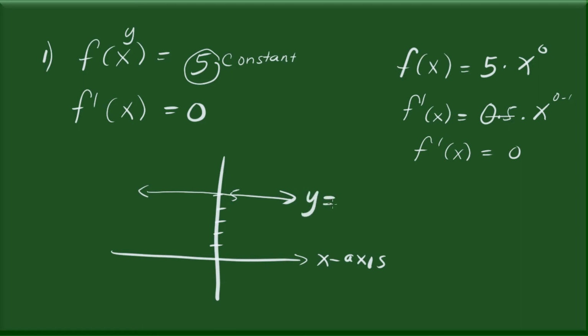So this is your function y equals 5, or this is your constant function f of x equals 5. And we know that the slope of a horizontal line is 0. The slope of a tangent line is the derivative. So the derivative of a constant is going to be 0.